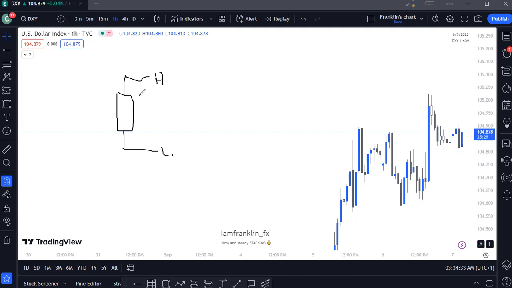The open and the close can interchange. This can be the open, or sometimes this can also be the open, and this can be the close too.